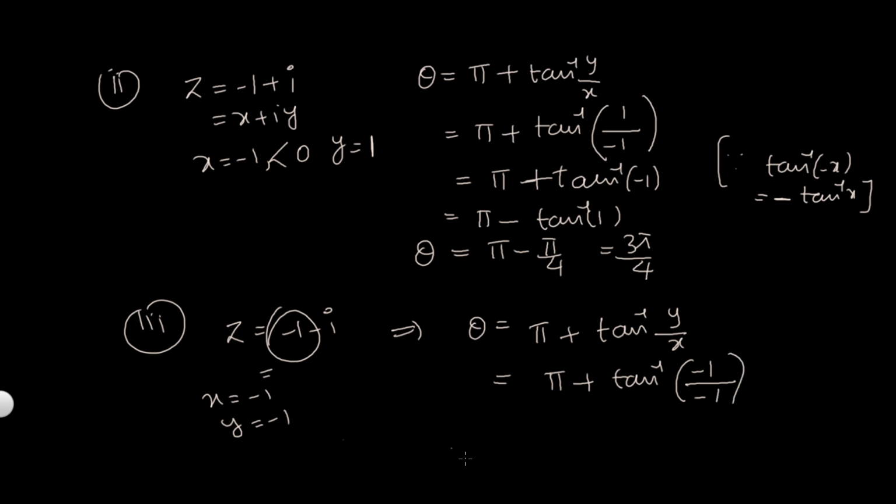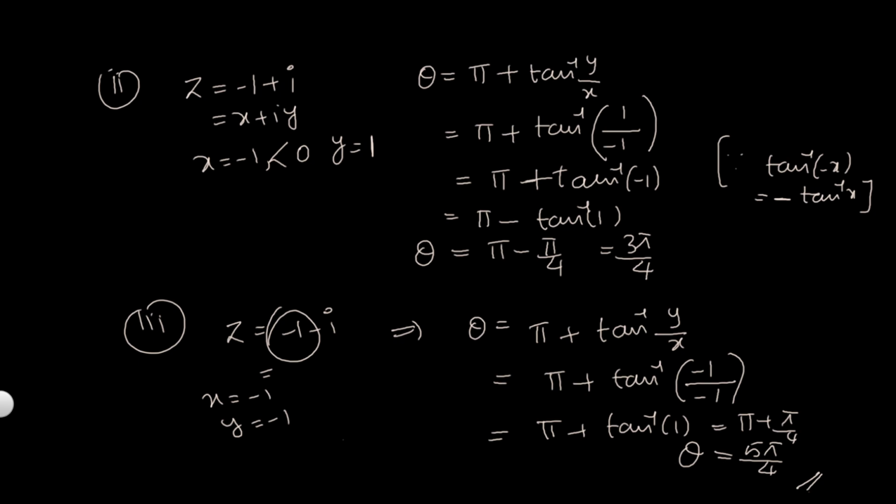Then we get pi plus tan inverse 1. Pi plus tan inverse 1 means pi plus pi by 4, that is 5 pi by 4. Therefore, the argument theta of the given complex number z equals minus 1 minus i is 5 pi by 4. So this is the concept of the argument or amplitude of a given complex number.